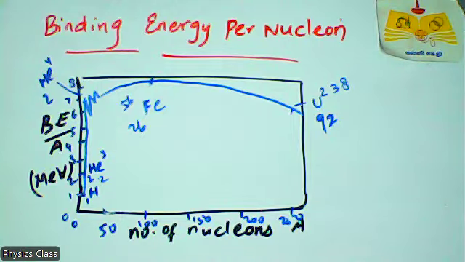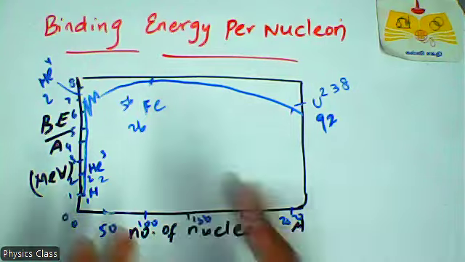To summarize, mass defect and binding energy are fundamental concepts in nuclear physics. The mass defect explains the missing mass in the nucleus, which is converted into binding energy.